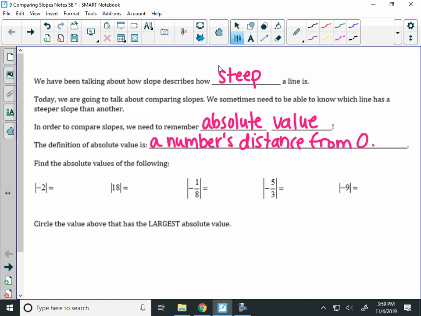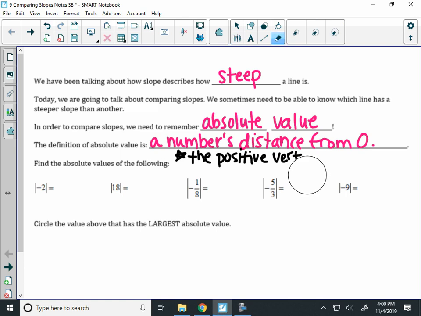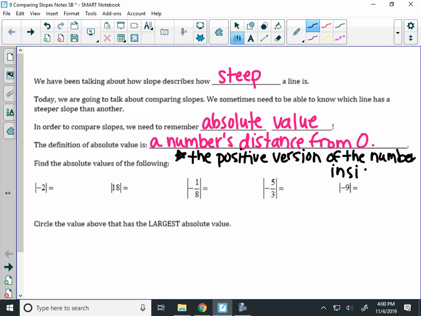Whenever we've done absolute value, one shortcut way to think of it is not just the number's distance from zero, but you take the number inside the absolute value and make it positive, because distance has to be positive. So we can say it's the positive version of the number inside these absolute value bars.